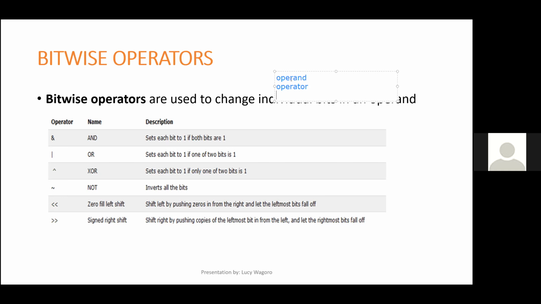I have 5 plus 6. Then 5 and 6 are operands, and then plus is an operator. So therefore, an operator operates on an operand. So I want that to sink.